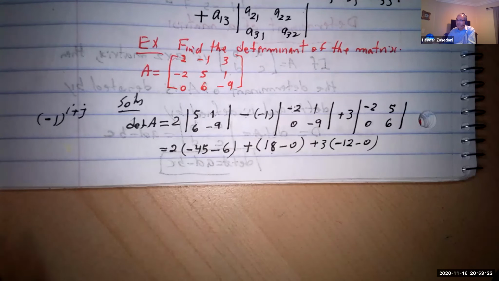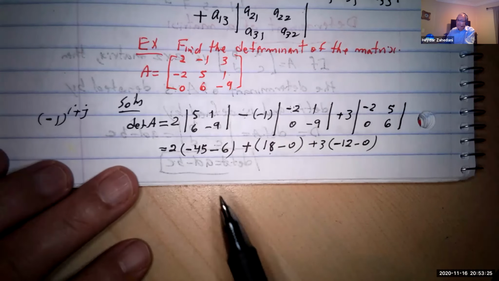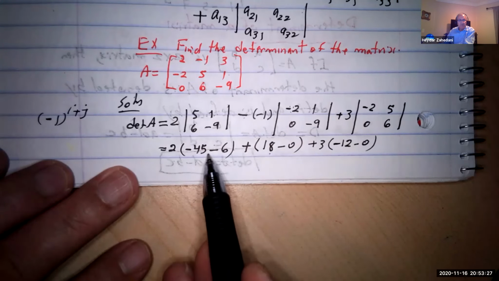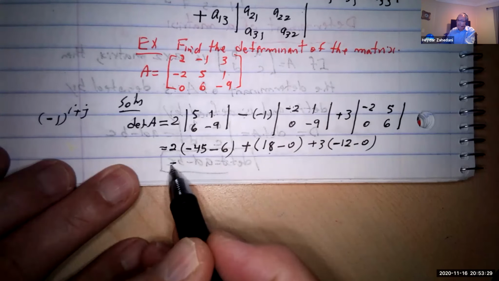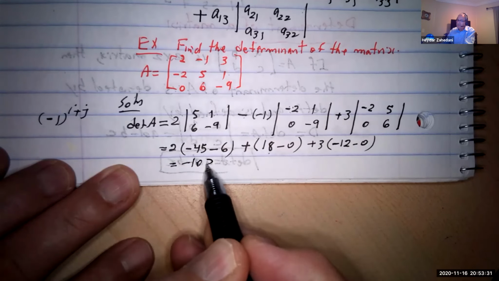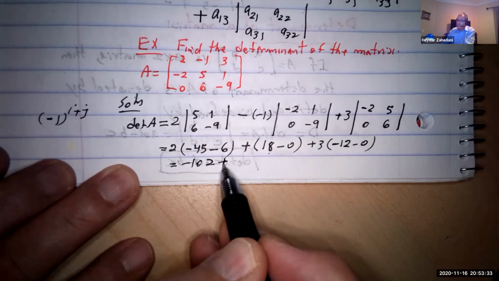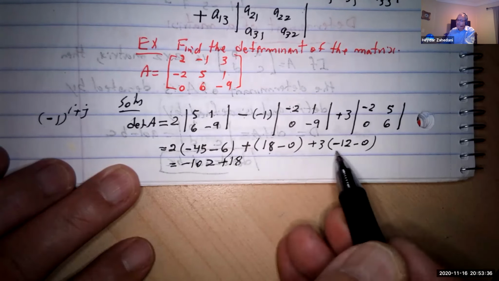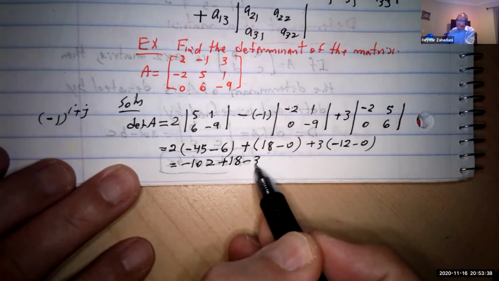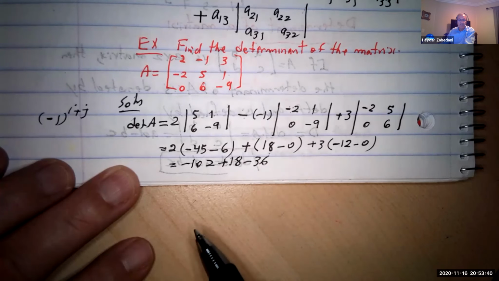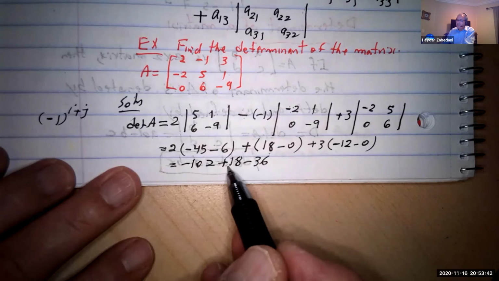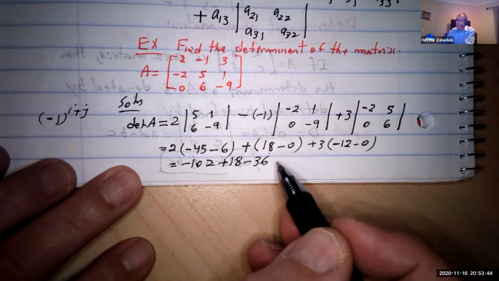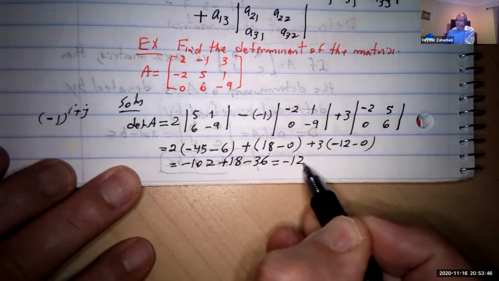Okay, so let's continue to get the numbers. This is going to be negative 51. And then you multiply that, it gives negative 102. This is 18, and the last one is negative 36. So this would be negative 18, and that gives you negative 120.